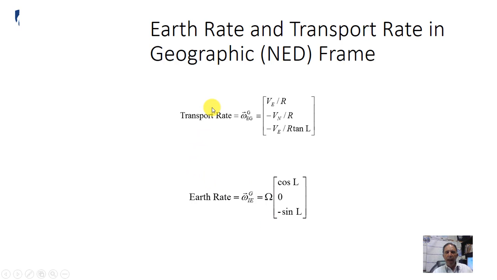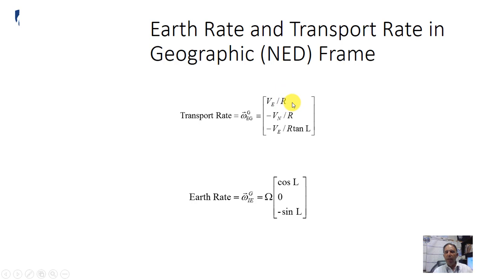We can also write the transport rate, angular velocity, in terms of the translational velocities, VE and VN, as VE divided by the radius of the Earth. Again, remembering we're using a simplistic spherical Earth model.